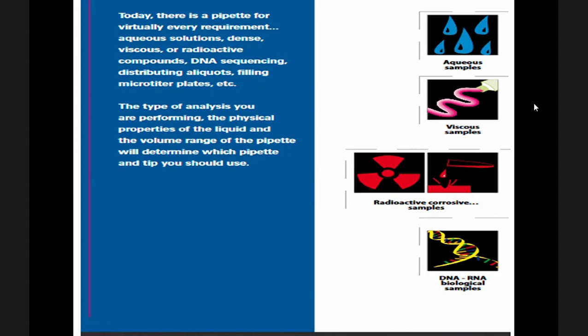The type of analysis you are performing, the physical properties of the liquid and the volume range of the pipette will determine which pipette and tip you should use. So it depends on the kind of sample. For radioactive, corrosive and biological samples, and viscous samples, the positive displacement pipette is much better. For aqueous samples, the air displacement pipette is okay.